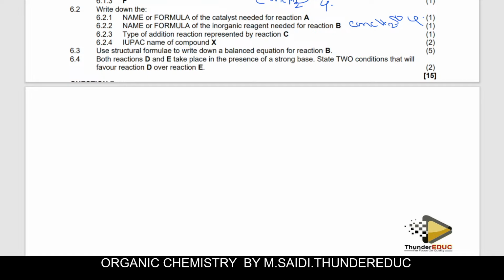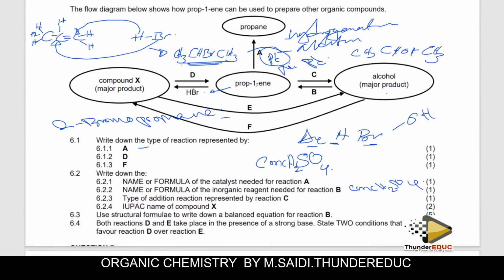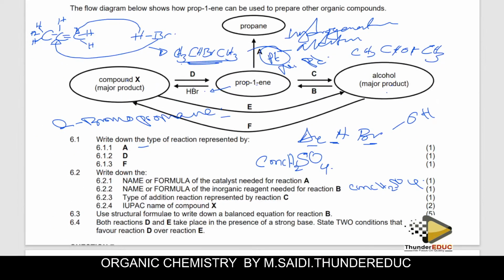They are saying that both reactions D and E take place in the presence of a strong base. State 2 conditions that will favor those reactions. D is from this major product to this, and E from this to this.